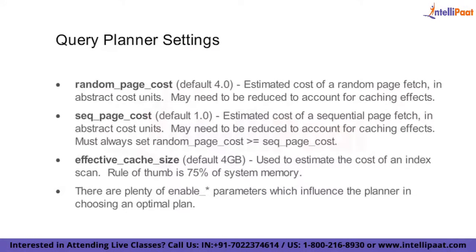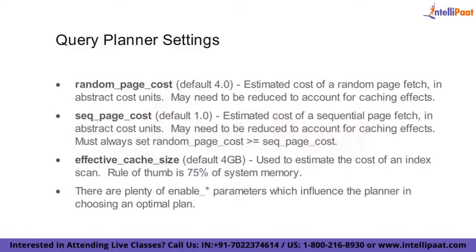So it depends on the query. Say I give select star from EMP where EMP ID is equal to 1234, and my table is using 100 pages. If there is no index, it has to scan all 100 blocks, but eventually it has to give only one row as output.